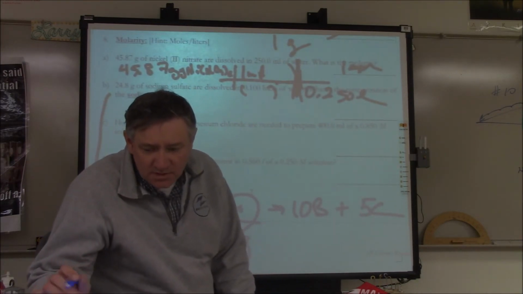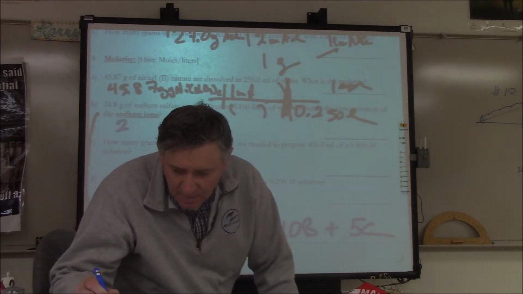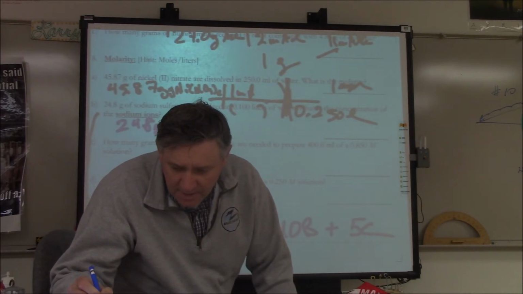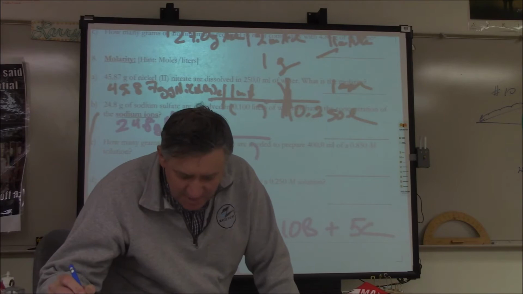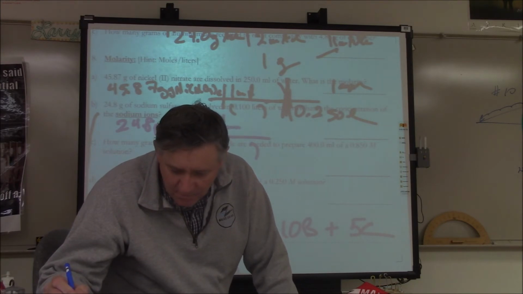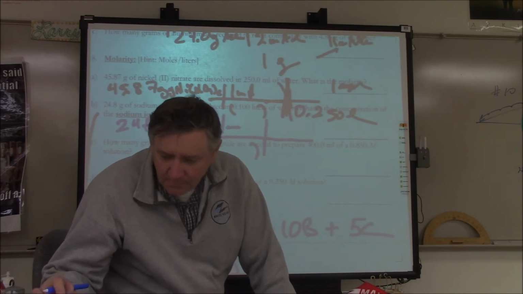So when you start with this 24.8 grams of Na2SO4, put the molar mass of sodium sulfate here. That's 1 mole. Then here's the deal.